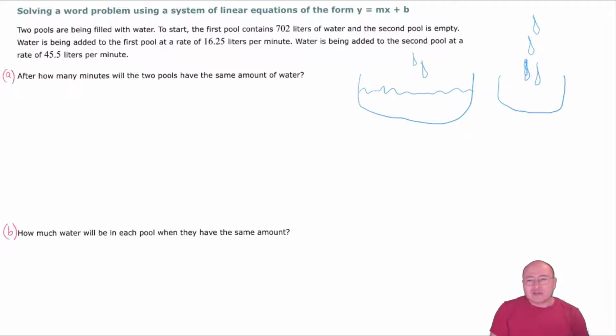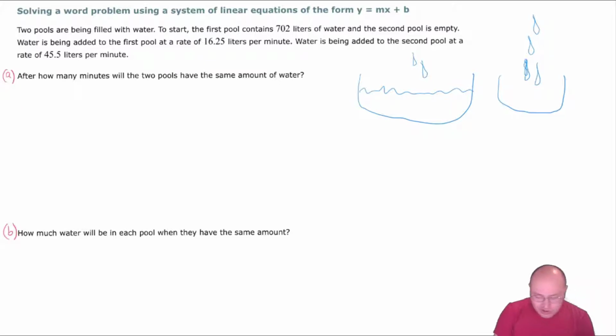The first thing you want to do in any word problem is to actually translate some of the words into mathematical symbols. Perhaps we could use a couple of variables. Let's slow down a little bit.